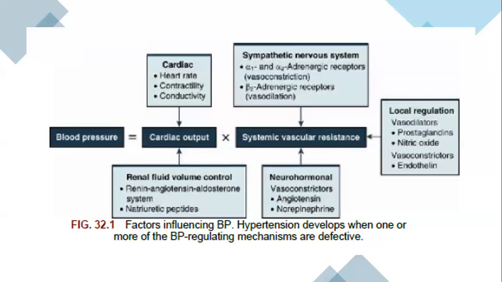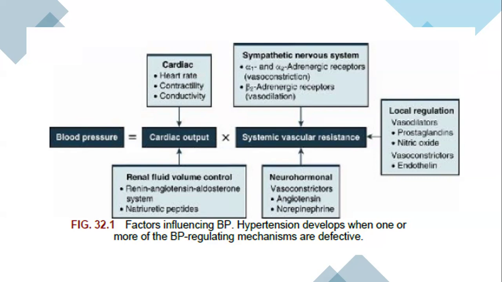The heart rate is how fast the heart beats. The contractility is how strongly the heart muscle contracts, and the conductivity is how efficiently electrical signals travel through the heart to trigger contractions. These cardiac functions are crucial in maintaining the amount of blood being circulated throughout the body.